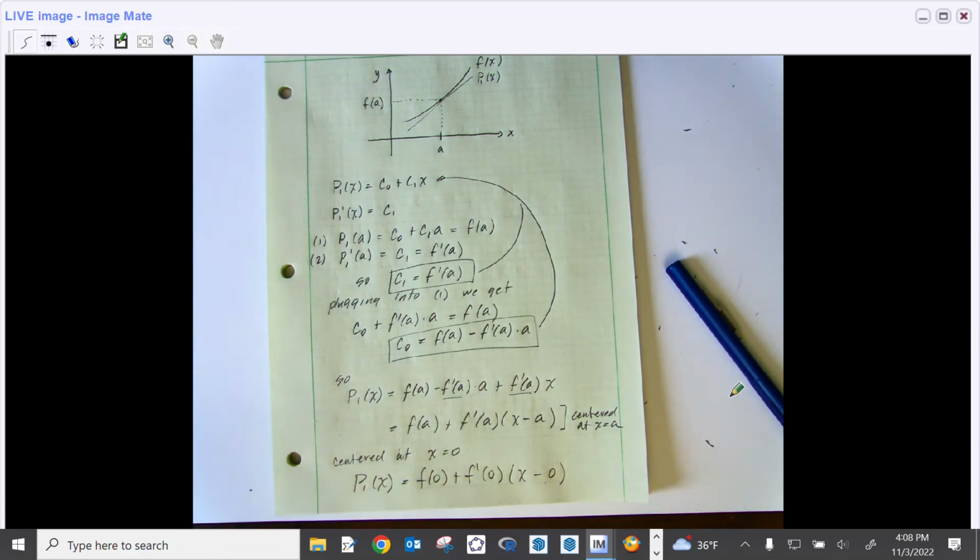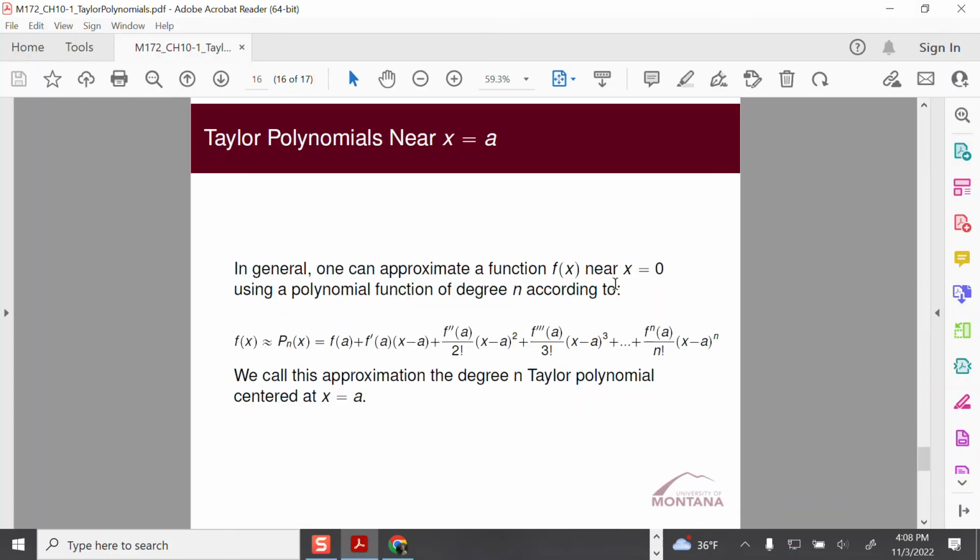I hope that makes good sense. I'm not going to derive the whole thing, but it's very nearly the same procedure, a little more complicated because we're evaluating functions at a given point rather than at zero. But you'll see that things look remarkably similar to the nth degree Taylor polynomial centered at zero.